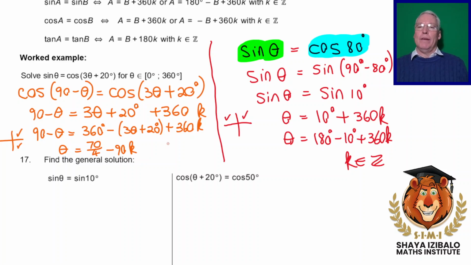And the bottom one is we've got a minus 3 theta, which when we add becomes a plus 2 theta on this side. And here we've got 340 minus 90 is 250. So our final answer on this one, if we simplify it all, I think and hope I'm right in saying, it's going to be 250 over 2 plus 180k.